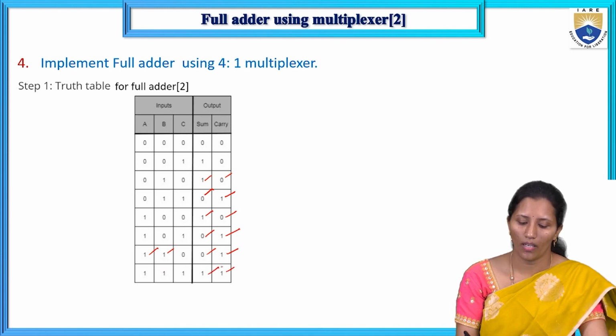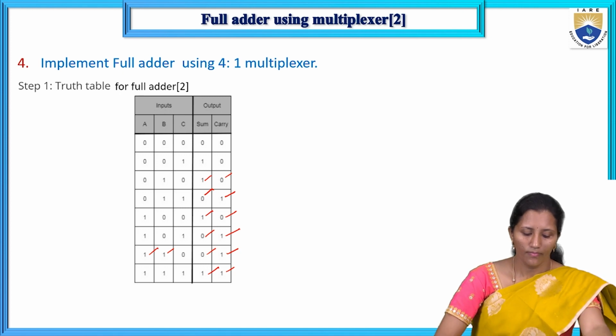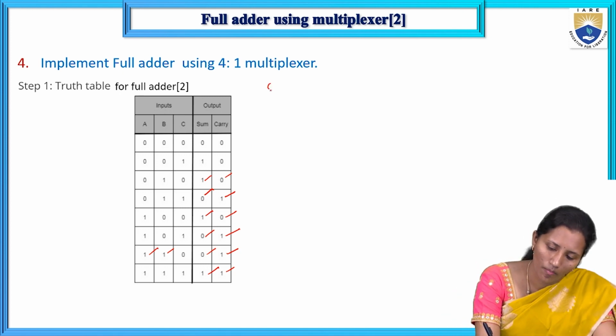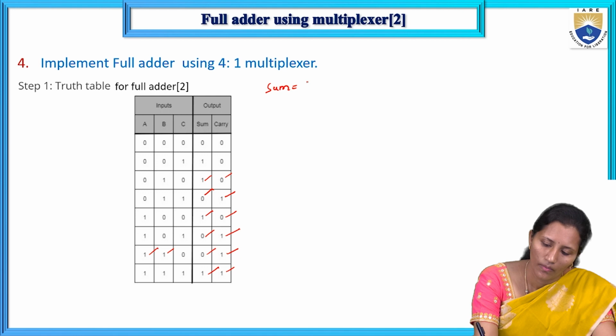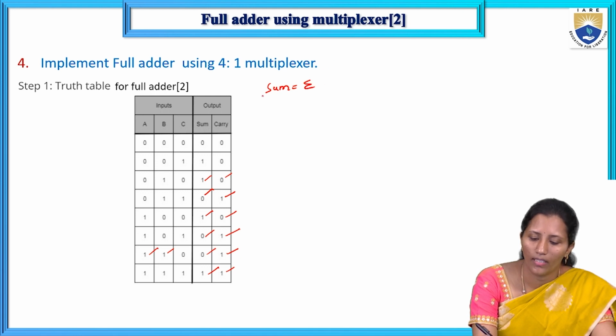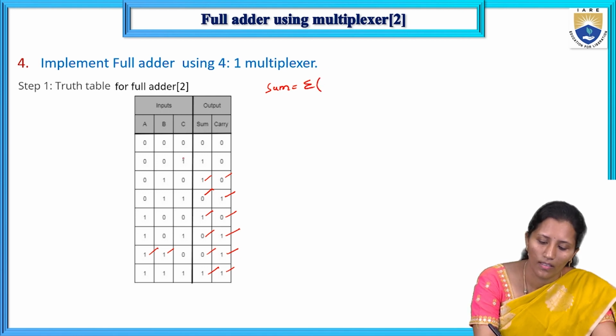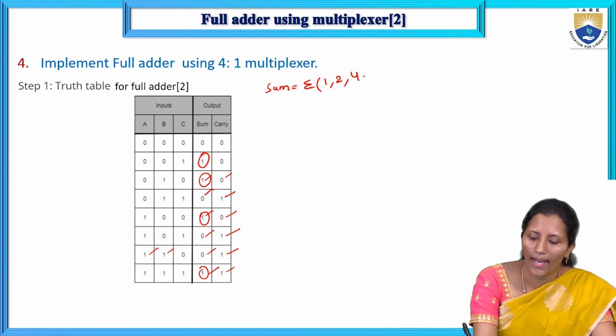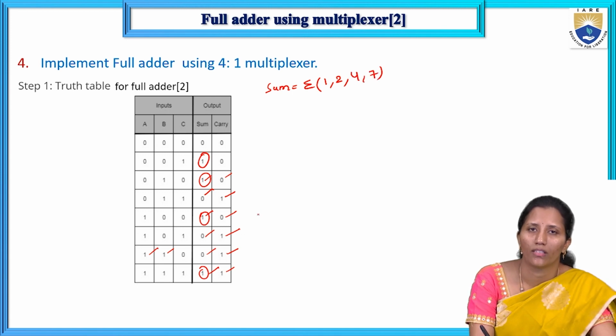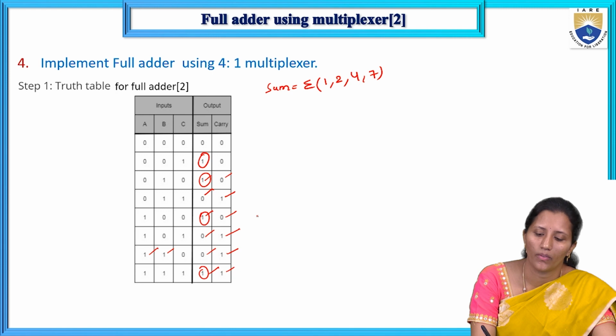First we have to note where we are getting 1 for the sum. For minterms 1, 2, 4 and 7 we are getting 1, so that is the Boolean expression for sum.